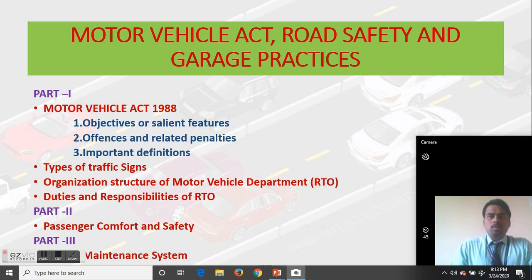Motor Vehicle Act, Road Safety and Garage Practices. In this I have made three parts: part 1, part 2 and part 3. In part 1 we are going to study Motor Vehicle Act 1988. In that also objectives or salient features, offences and related penalties, important definitions.